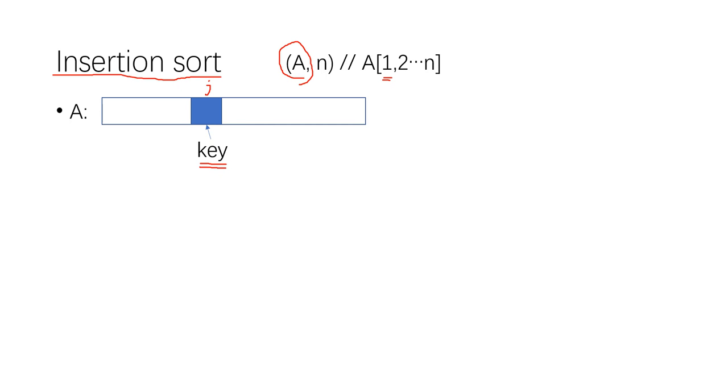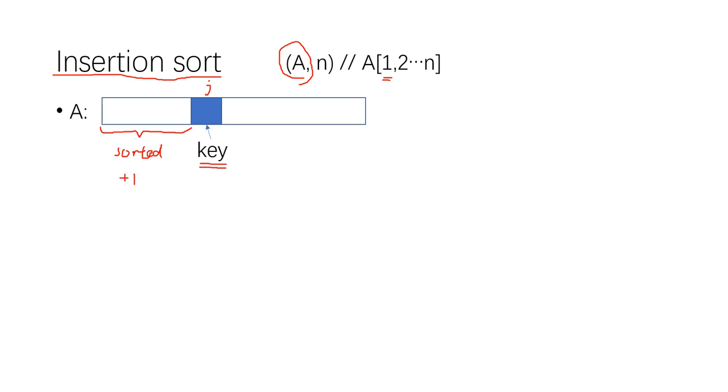The key point here is that before the key, this part is already sorted, from the smallest one to the largest one, in increasing order. So in this step of insertion sort, what I'm going to do is add one to the length of this sorted part.